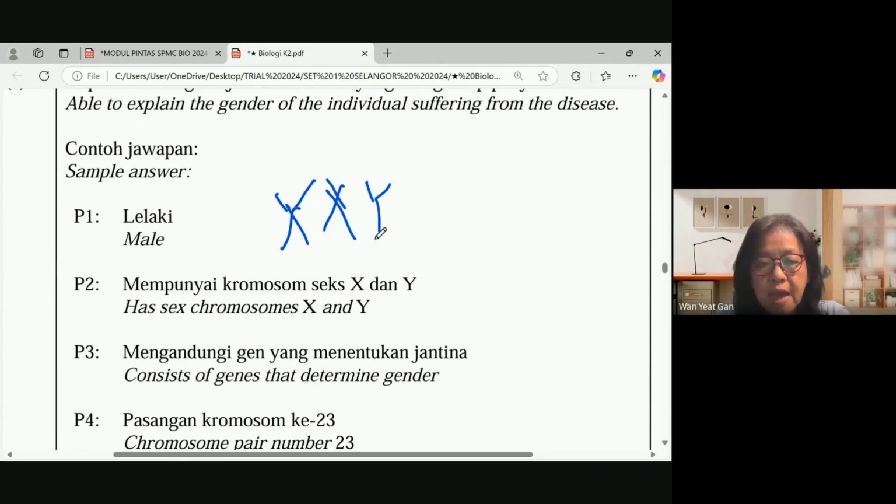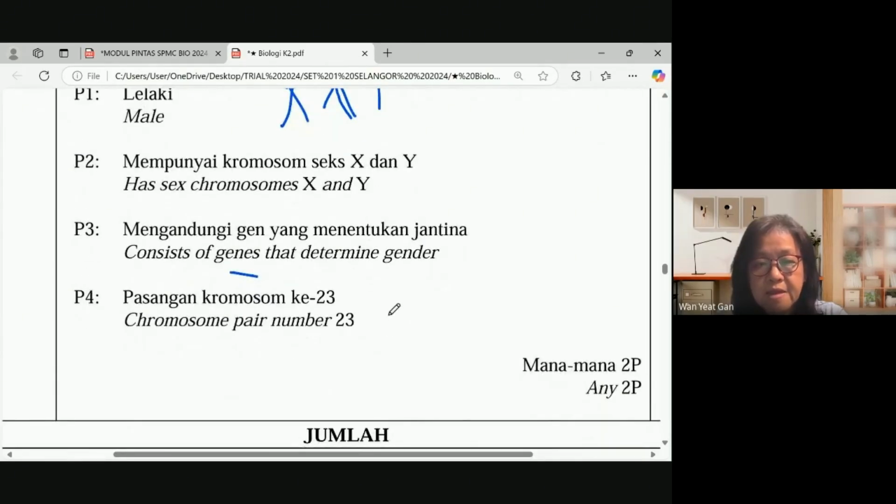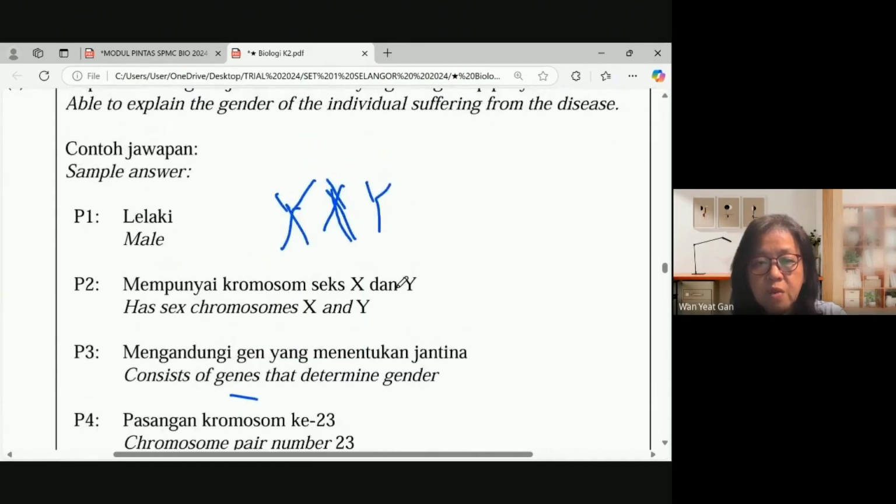The X and the Y are chromosomes that contain genes that determine the gender of a person. The chromosome pair that's affected is chromosome number 23.